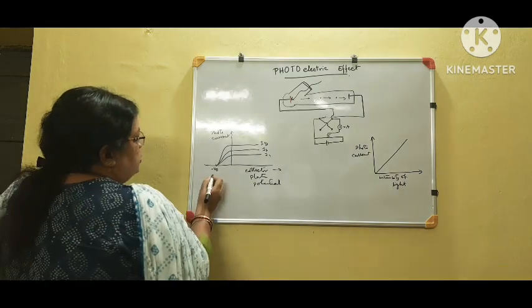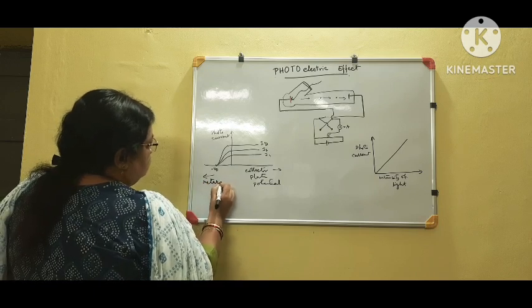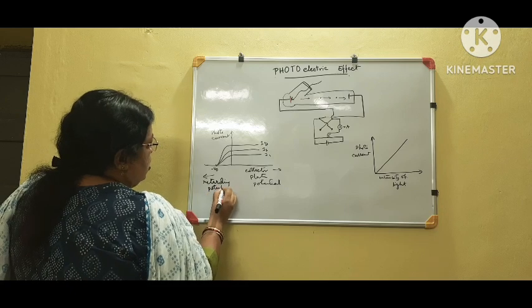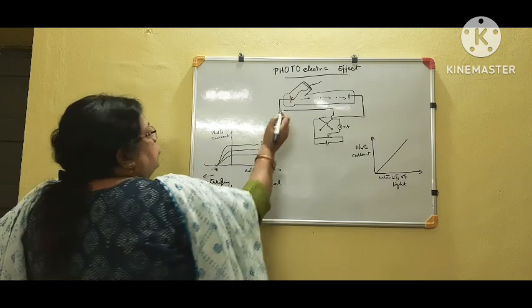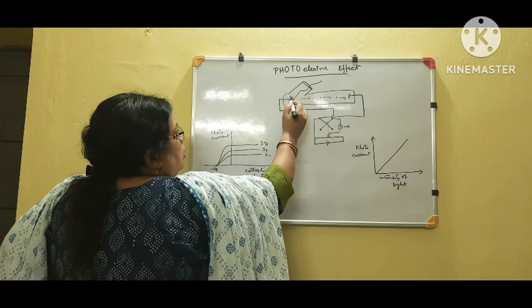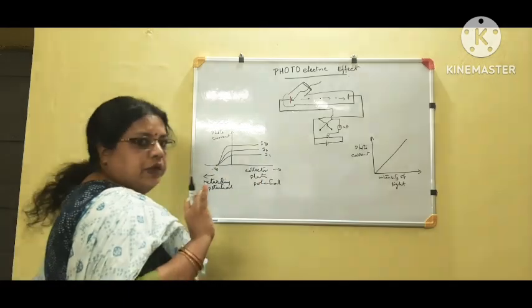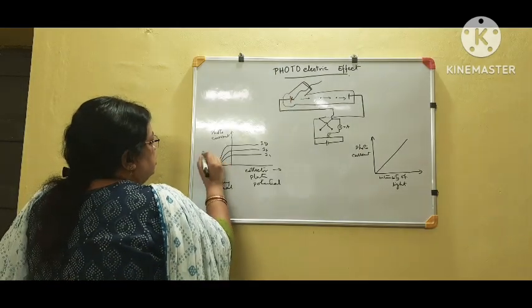This is the retarding potential, given on this plate to stop the electrons only for experimental purposes. This is called the stopping potential.